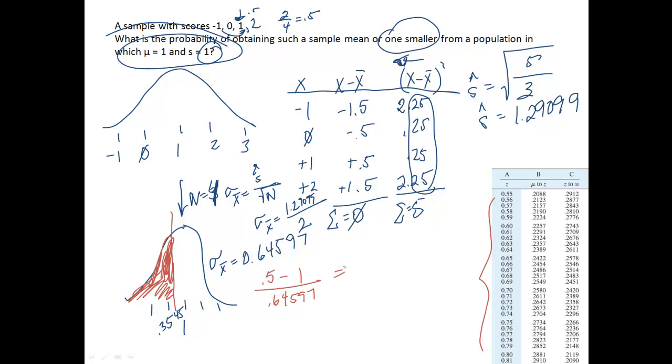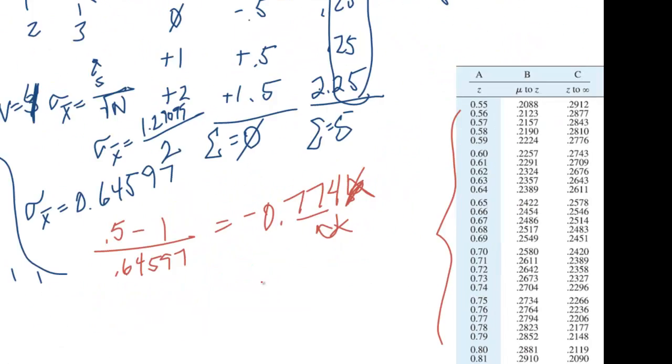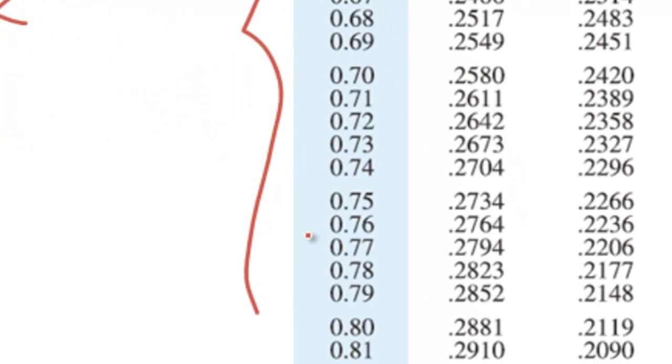So it's going to be negative 0.5 divided by the sigma sub x bar, and I get a negative 0.7746. I do not need to round. Remember, don't look 2 away. Only look 1 away from the digit that you're trying to determine rounding for. I don't round here, so I'm going to look up 0.77 on the table.